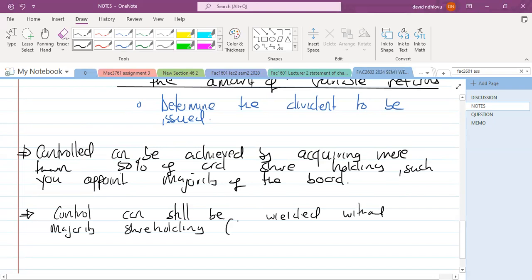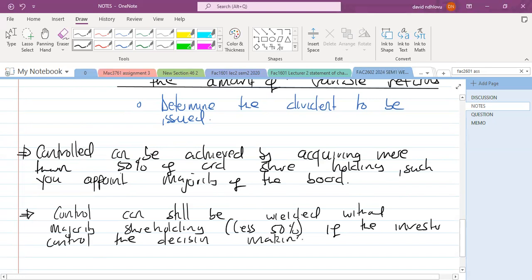Right, that is less than 50%. Right, if the investor controls the decision-making structure of the entity.